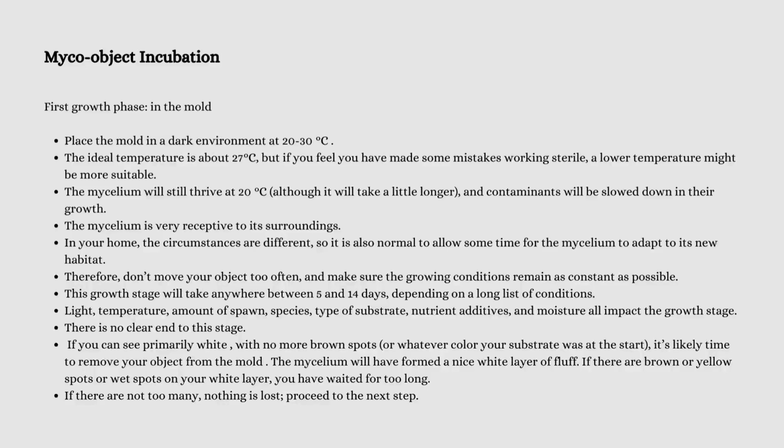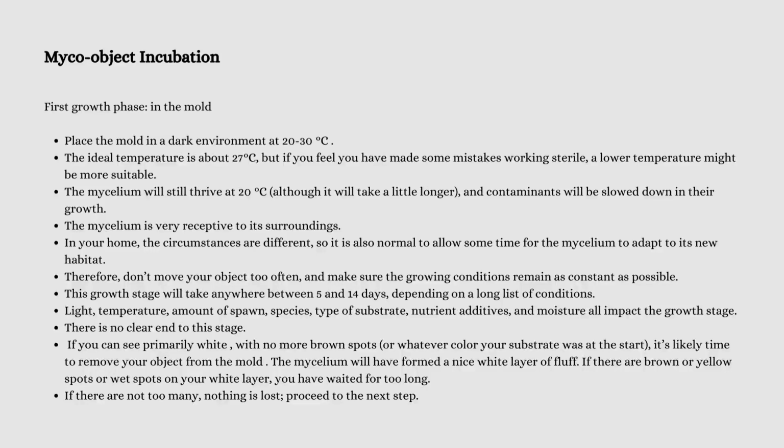The mycelium will have formed a nice white layer of fluff, or it could be almost like a foamy material on top. This is the membrane. And if there are brown or yellow spots or wet spots on your white layer, then you have waited too long if you wanted to keep it white. However, not everybody necessarily cares about that, and the brown and yellow spots can be just other metabolites that are taking place after the white mycelium has digested its food source.